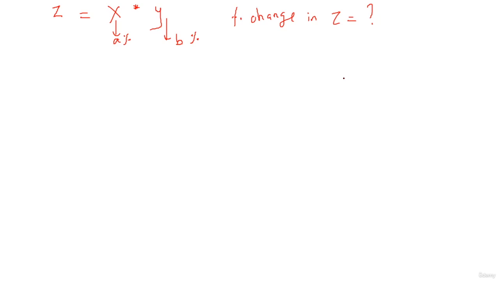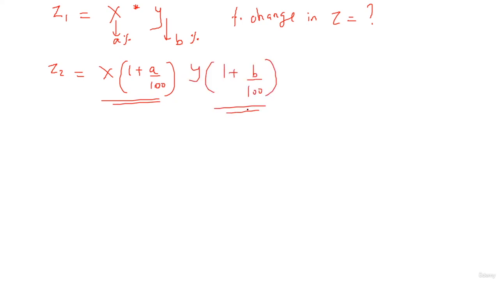Okay, so let's do that. Initially, z is given as x into y. I call it z1. z2 will be when x increases by a%. Just now we saw if any value increases by n%, it becomes 1 plus n by 100 times. So for a%, it becomes 1 plus a by 100 into x. This is the new value for x. And y will become y into 1 plus b by 100 by the same logic, right?